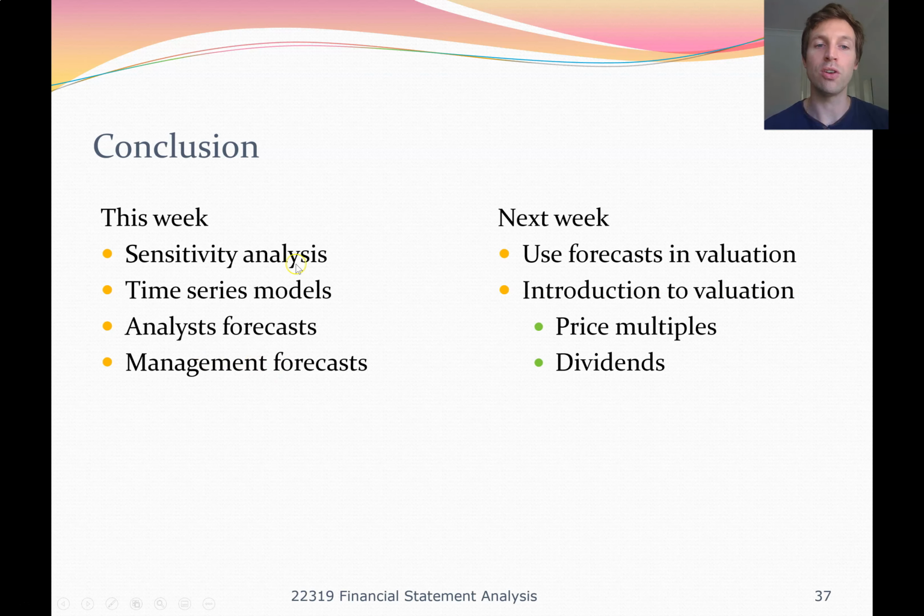We learnt about the importance of sensitivity analysis, how there are other quantitative models available to forecast into the future, and there are situations in which they're fantastic and situations in which they're not very accurate for us. So knowing when to use them and when they might fail is important to know. We learnt about analyst and management forecasts and how they may have incentives to not always be 100% accurate. They do provide useful information for us, but sometimes a little bit too optimistic.